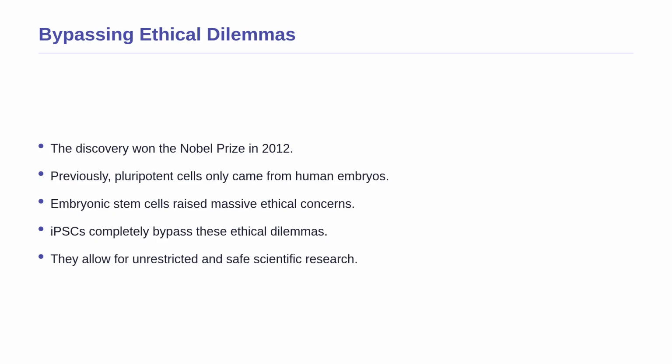As you might imagine, this raised massive ethical concerns and severely limited scientific research due to strict regulations. By allowing us to create pluripotent cells from ordinary adult skin samples, iPSC technology completely bypasses these ethical dilemmas, opening the floodgates for unrestricted, life-saving scientific research.